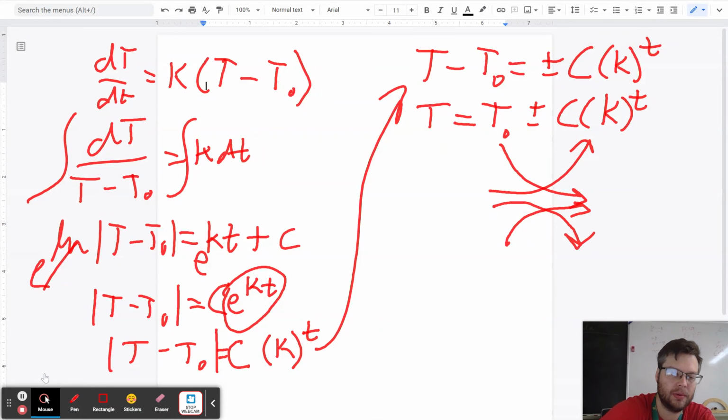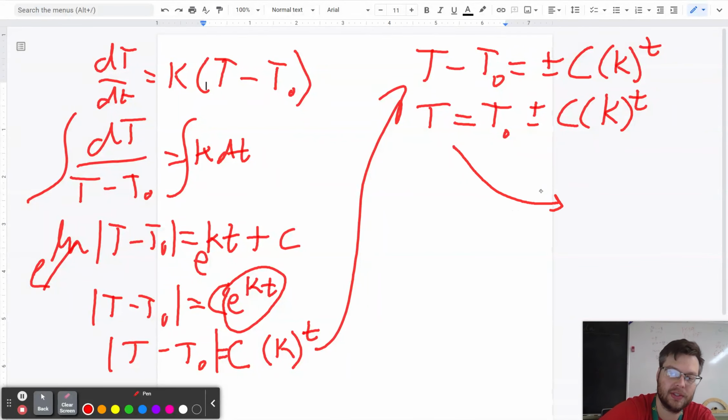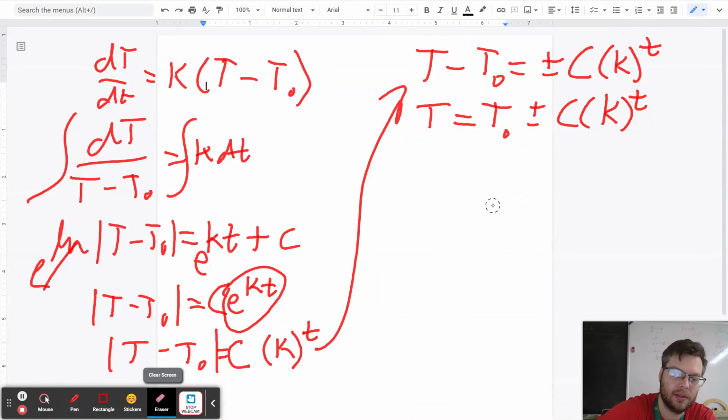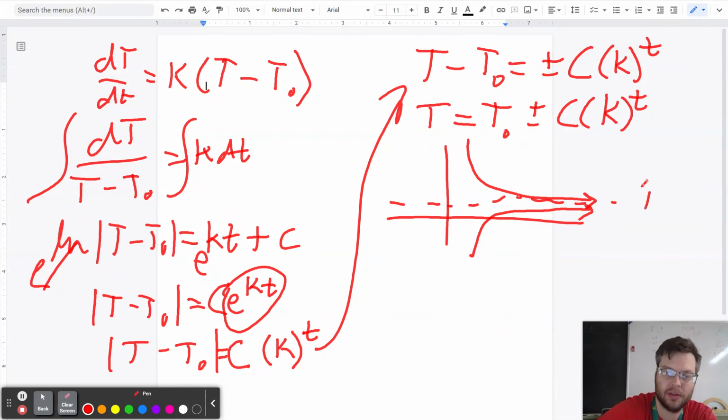Out of those four different possibilities, there's really only two that are going to happen, because over time, we know that the object will approach the temperature of the environment that it's around. So it's going to be a curve where over time it's coming steeply down like this and then flattening out, or it's coming steeply up like this and flattening out. And the equation of that horizontal asymptote is whatever the surrounding medium is.